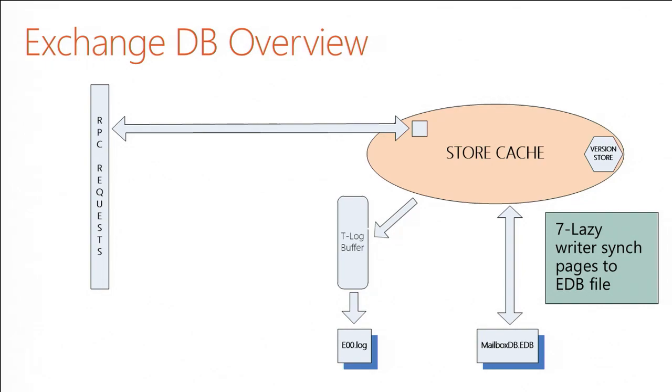That could be just because my DB cache is going down, or it's full and I need to replace pages. And that brings us to two main points on Exchange. One, on logs, we have log record stalls per second, which is how many times I need to flush a transaction log, but I cannot.